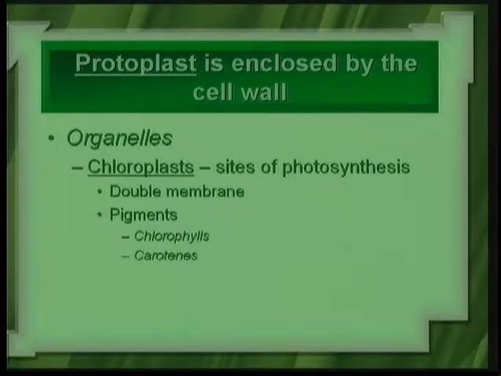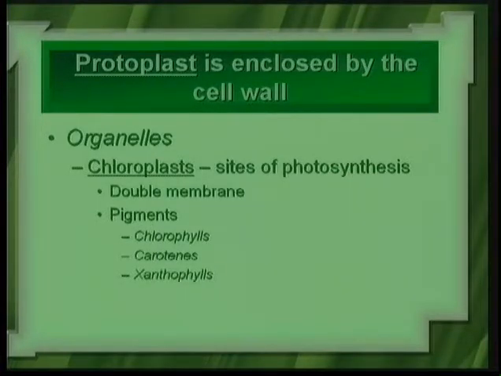So pigments are very important. One kind of pigment that generally plants have are chlorophylls, chlorophylls A and B. Chlorophylls are the main type of pigment. Another kind of pigment that plants have are called carotenes, or carotenoids, and the carotenes are of different types.